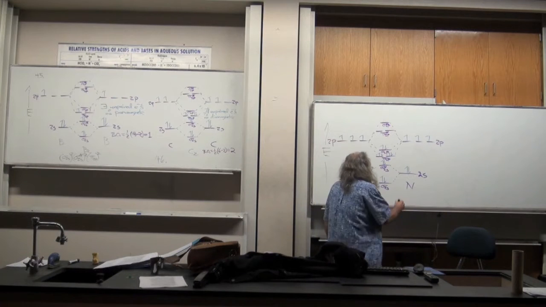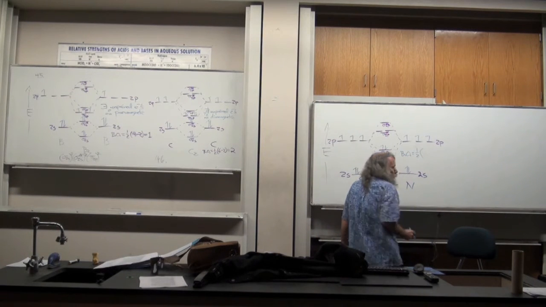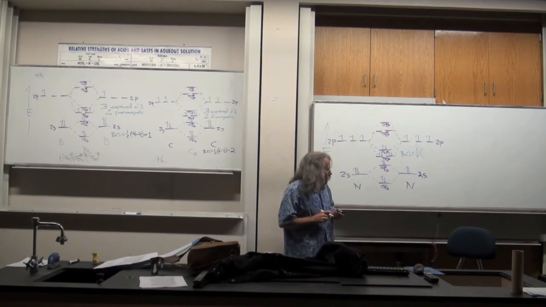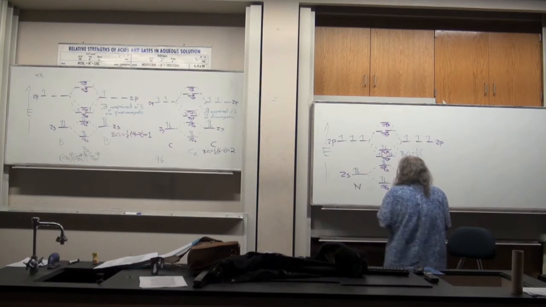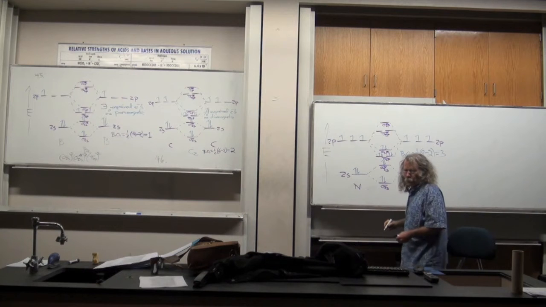Which gives me a bond order of 1/2 of 8 minus 2. 2, 4, 6, 8, minus the 2. So I have a net triple bond.